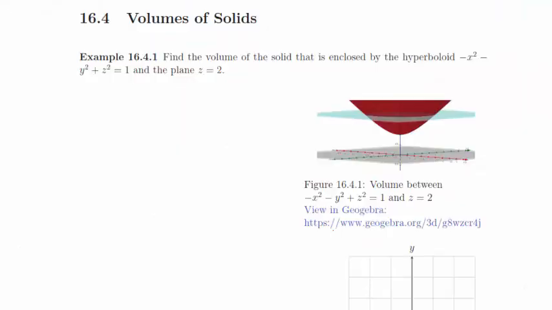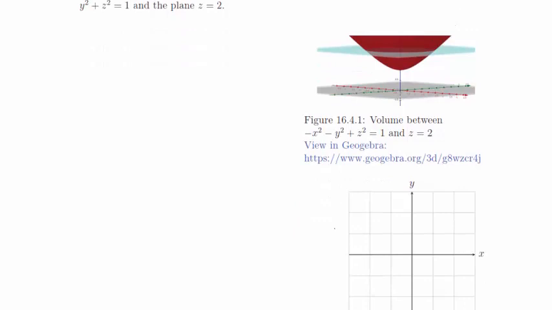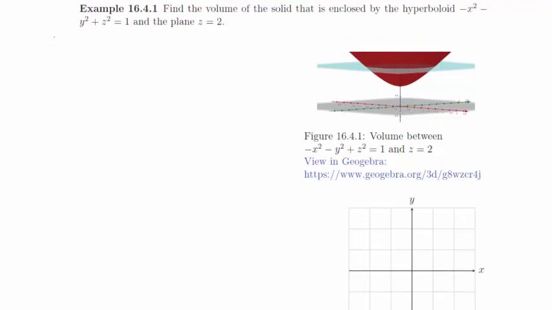If we look at plugging in z equals 2 into our equation so we can find where they intersect, we get negative x squared minus y squared plus 4 equals 1.